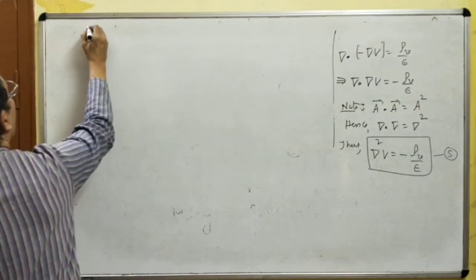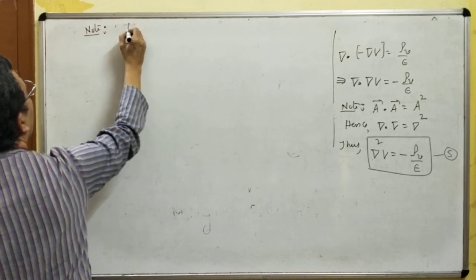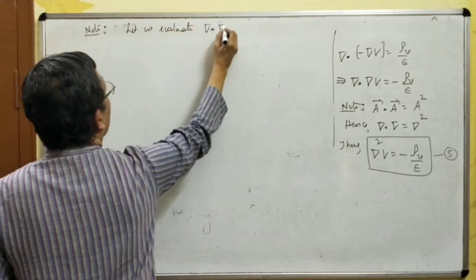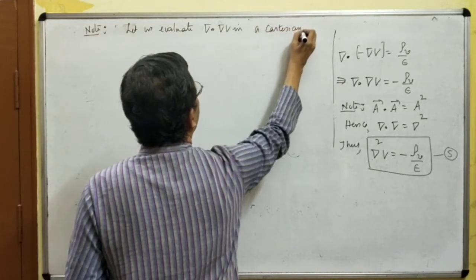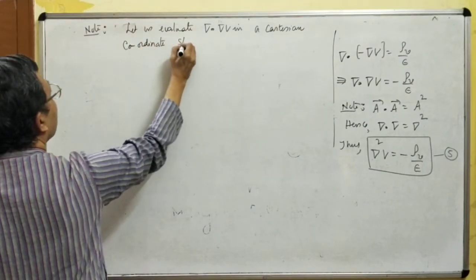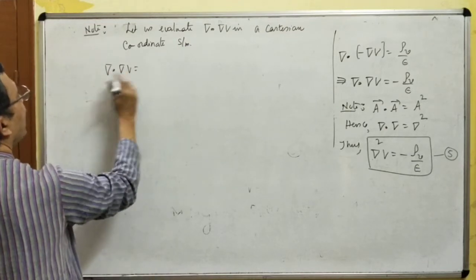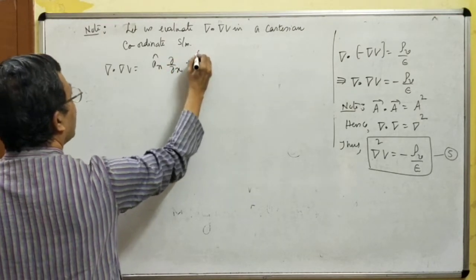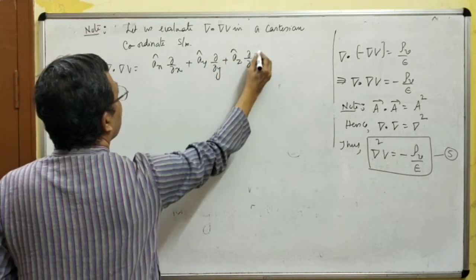Let us evaluate del dot del V in a Cartesian coordinate system. Del is Ax cap dou by dou x plus Ay cap dou by dou y plus Az cap dou by dou z.